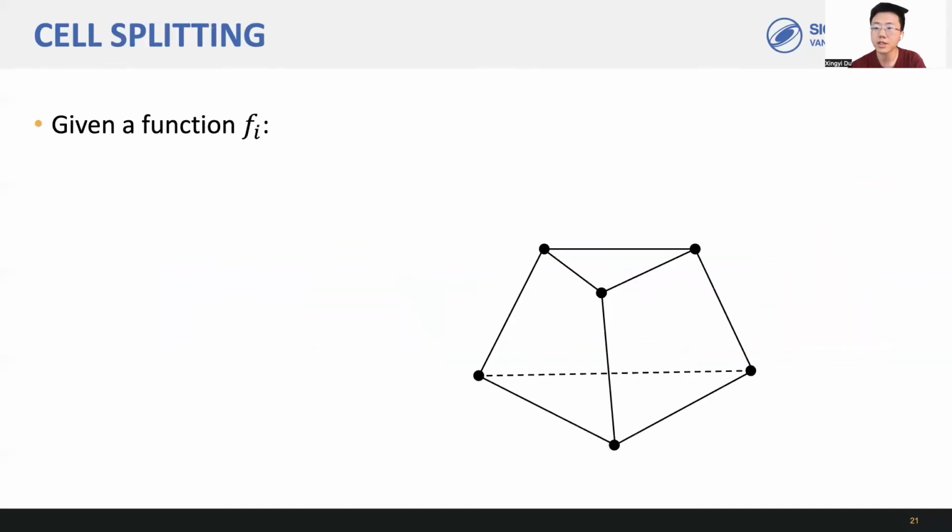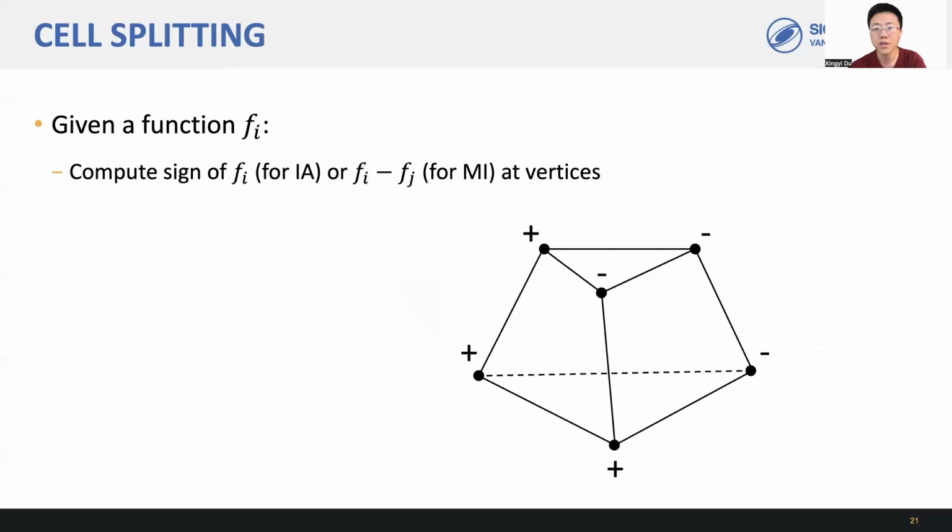Here we illustrate the cell splitting step, which is used for constructing both implicit arrangement and material interface. Given a new function, we first compute the sign of the function at vertices of the cell complex. For material interfaces, we use the sign of the difference between a pair of functions. Edges connecting vertices with different signs are then split at the location of zero crossings, which we call the cut vertices.